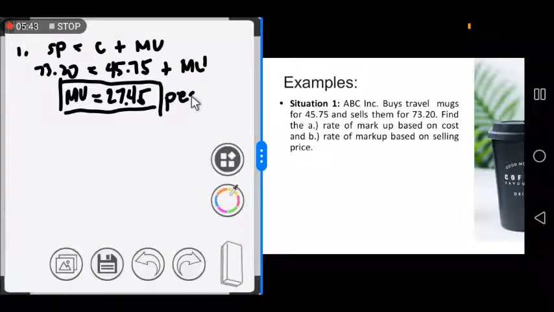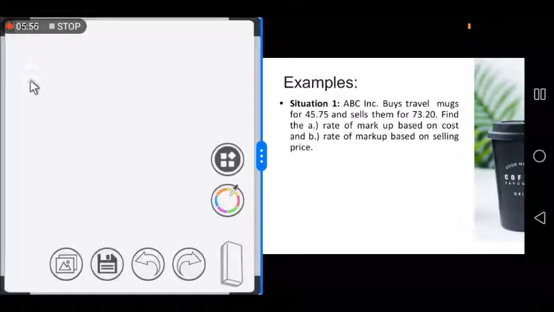Okay, so let us compute the markup based on cost. Take note of this 27.45 as our markup. For the first part, since we want to solve for the rate of markup based on cost, RC is our representation there. So, RC is equal to the markup over the cost.